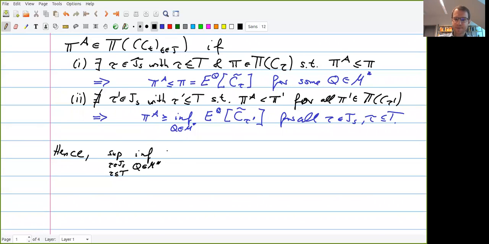And well, right, this has to be less or equal than every arbitrage-free price of the American option, right? This is condition 2. And now we use condition 1 as well.